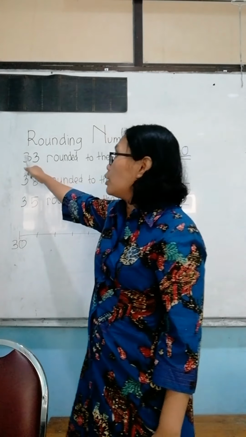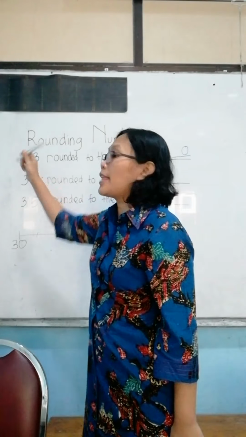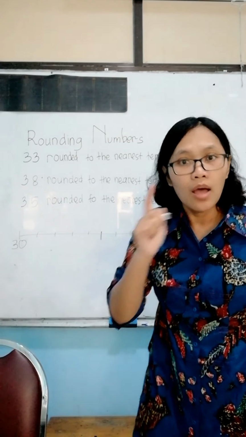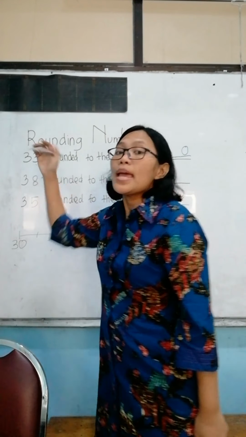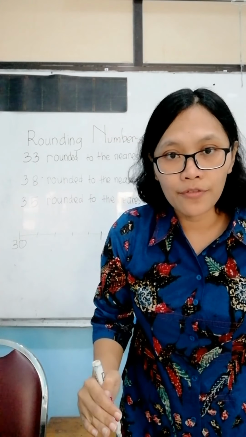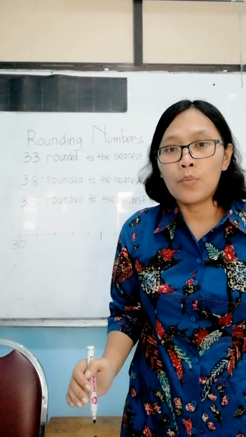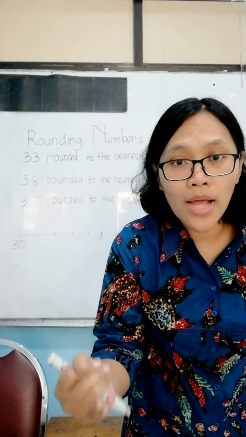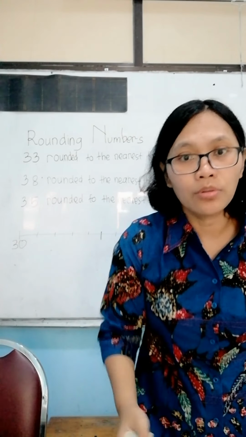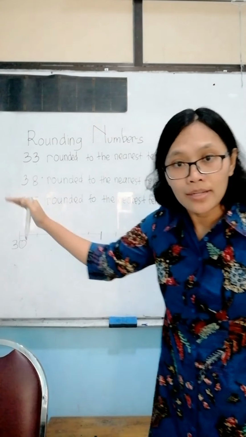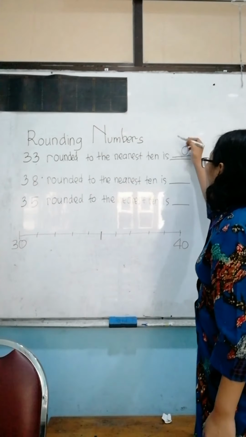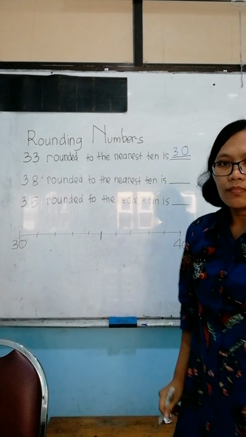You have to decide whether the 10s is rounded up or down by looking at the ones. 3 is less than 5. Every number which is less than 5, like 1, 2, 3, 4 or 0, will make the 10s rounded down. So it will be 30.